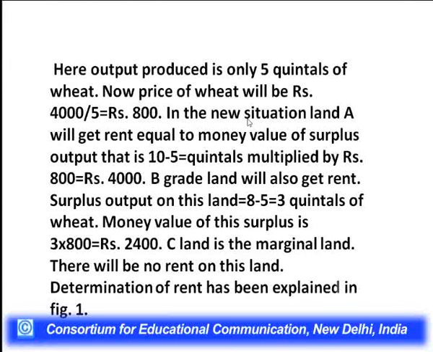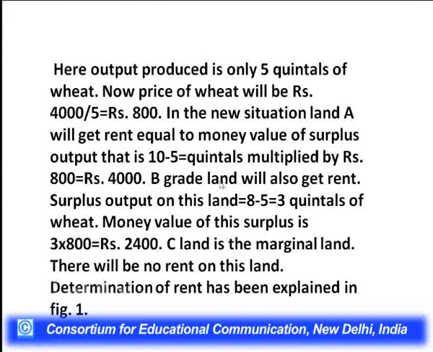In the new situation, land A will get rent equal to the money value of surplus output, that is 10 minus 5 is equal to 5 quintals of wheat multiplied by rupees 800, that is equal to rupees 4,000.